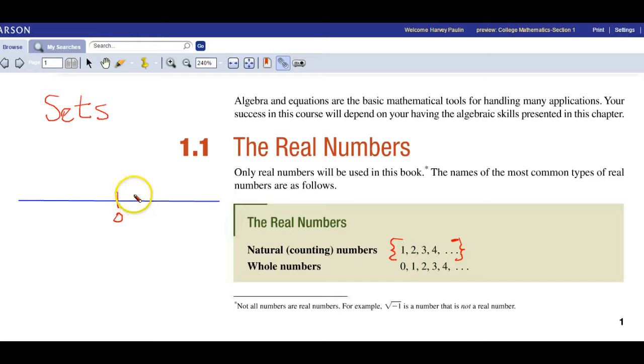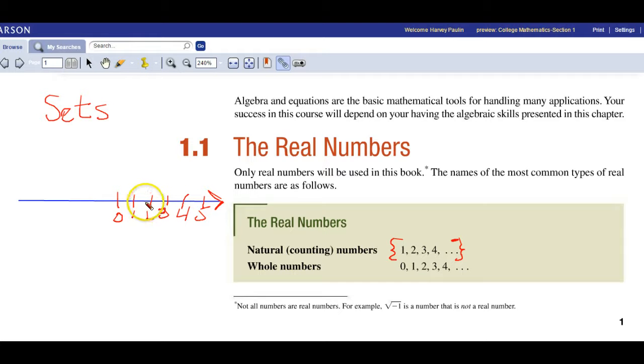And if we plot this on the number line, we have 1, 2, 3. Oh, my numbers aren't coming out too well. And then 4, and then 5. Now, to indicate that this pattern continues, I just put an arrow there.